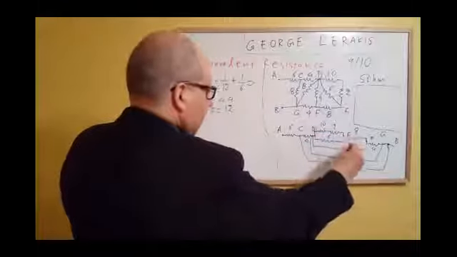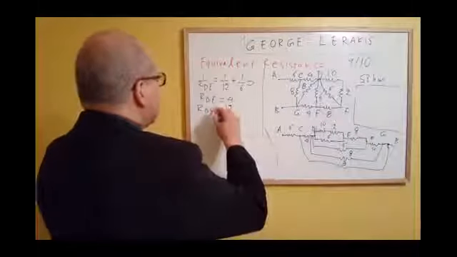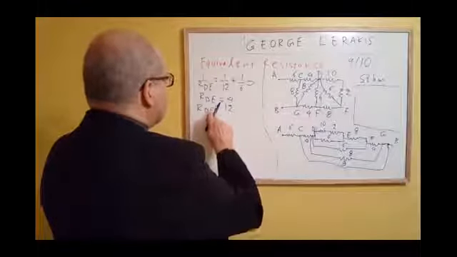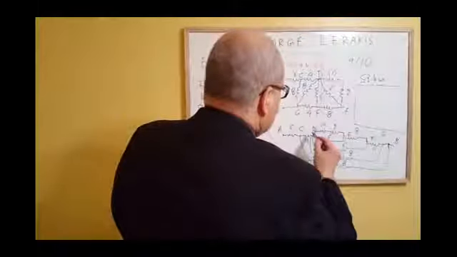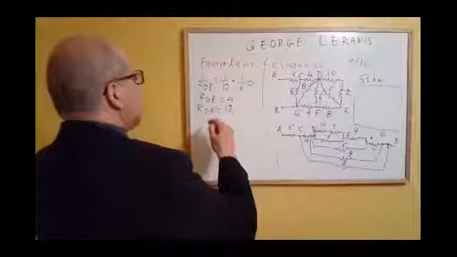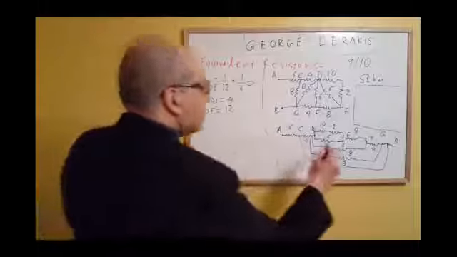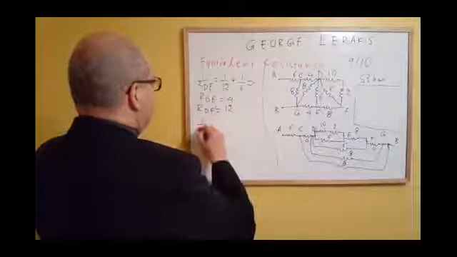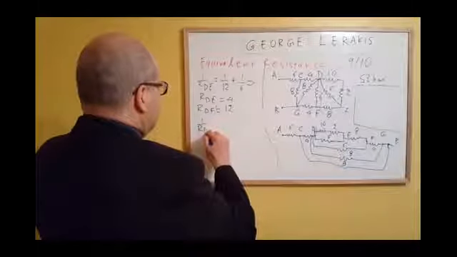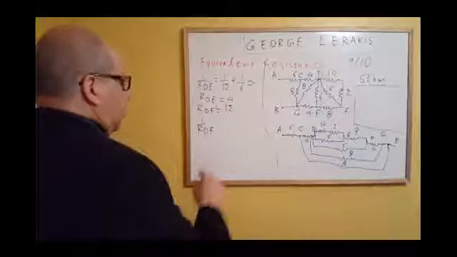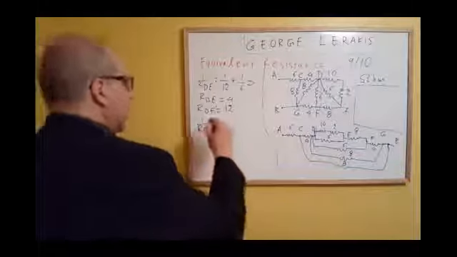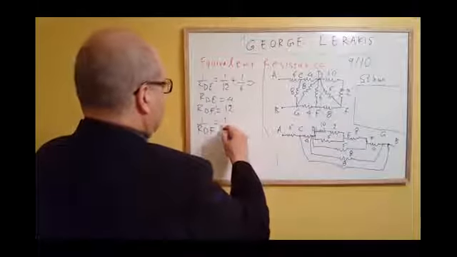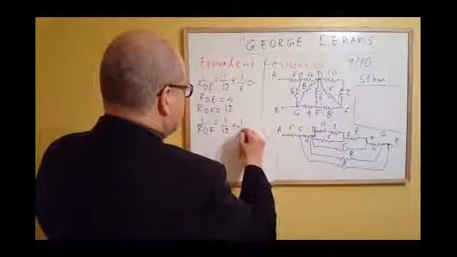Let's say this is part of the whole resistance from D to F. Since all this is in parallel with this, 1 over RDF, just to make clear that this is different than this, has to be equal to 1 over 12 plus 1 over 6.